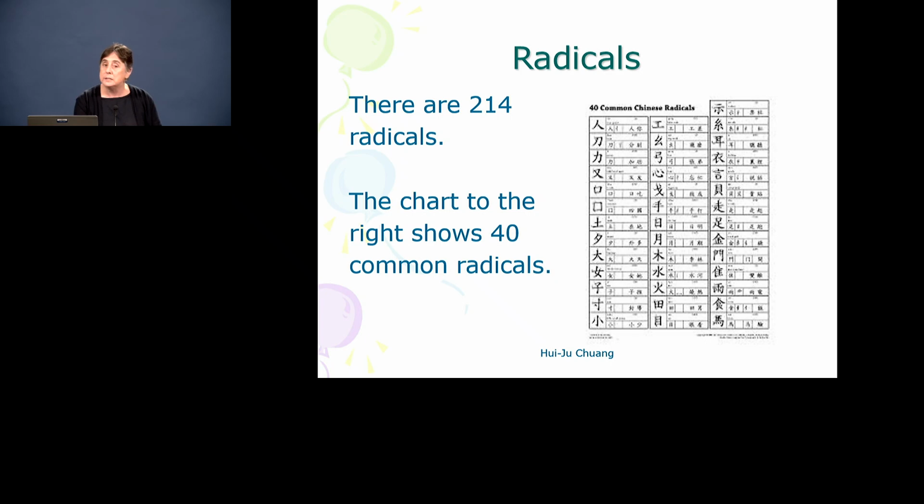And that is also the case when you start paying attention to common phonetic elements. They repeat themselves, and it helps you as you're memorizing these characters, because you can put these two pieces together, and it's kind of a clue to what it means, but also how to write it. You can remember how to write it that way.